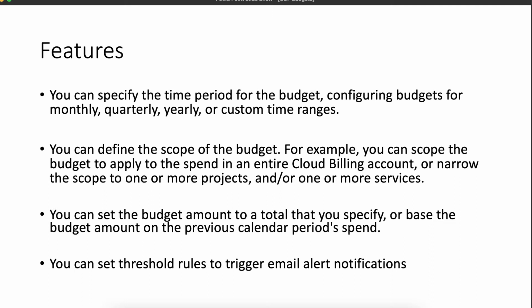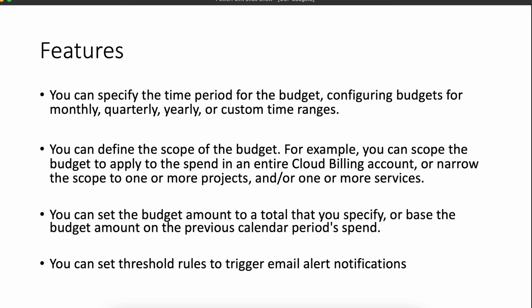Google will actually baseline that for you if your account is old, and it will suggest that based on your previous few months' expenses, you are spending roughly $100 per month. So you may want to set that as your threshold amount. But again, you can change that, you don't have to go with that.